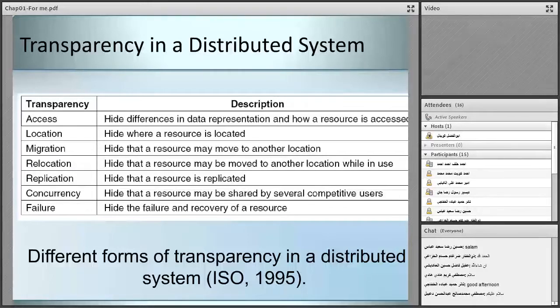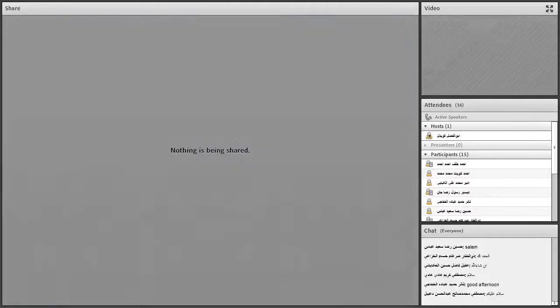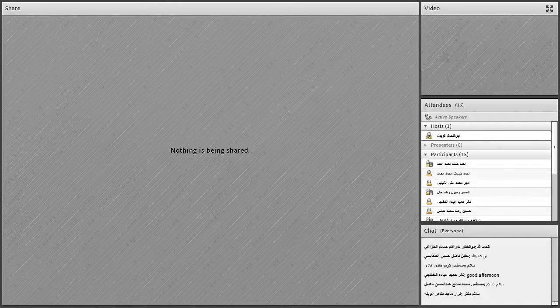But before I start the lesson, let me replace the file with the newest one. Chapter 1, the newest PDF file is here.